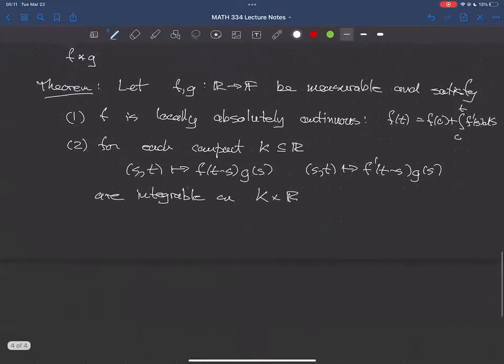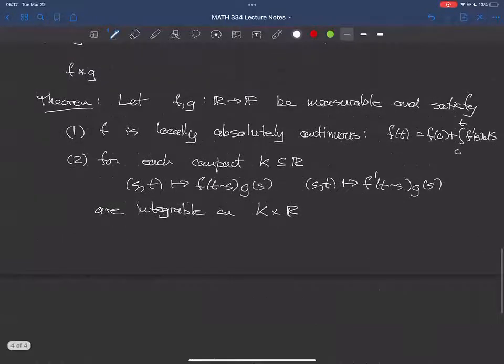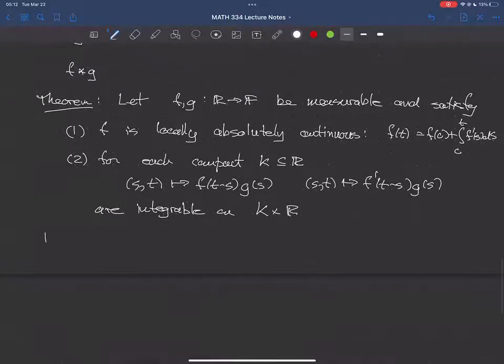All right. So then, if this is true, f and g and f prime and g are convolvable.